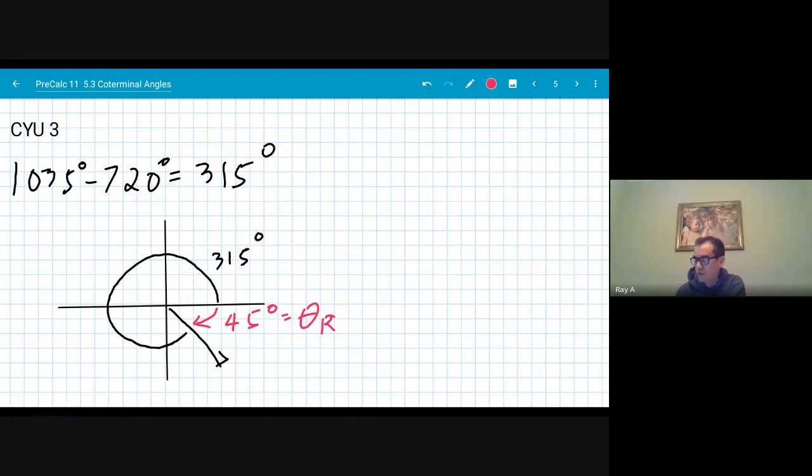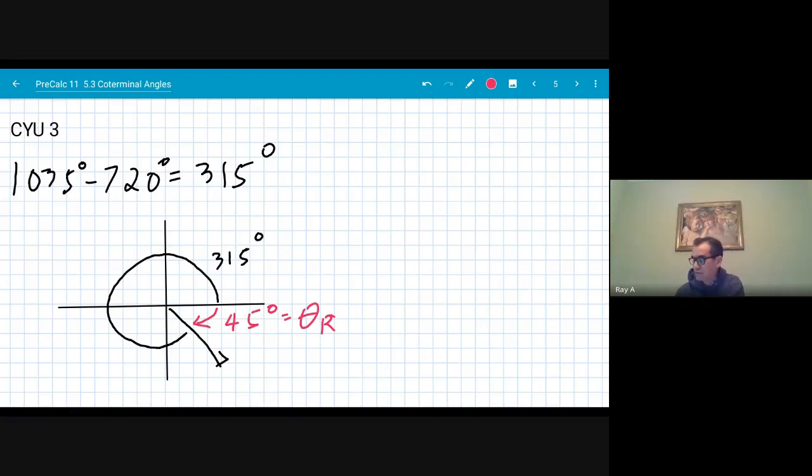Why did I want to get the reference angle? Because the reference angle would have the same trig values as the principal angle, but you just have to remember that you will adjust the sign of the trig values depending on the quadrant. As you can see, the terminal arm is in quadrant 4. In quadrant 4, cosine is positive, sine is negative, and tangent is negative.